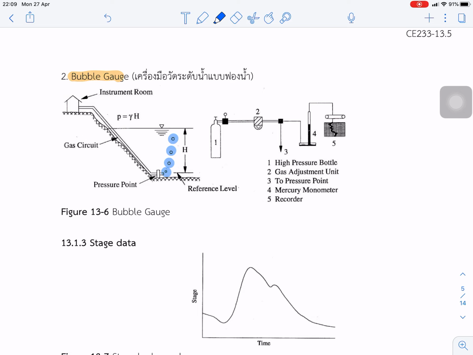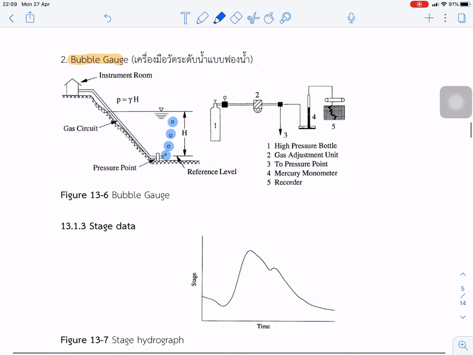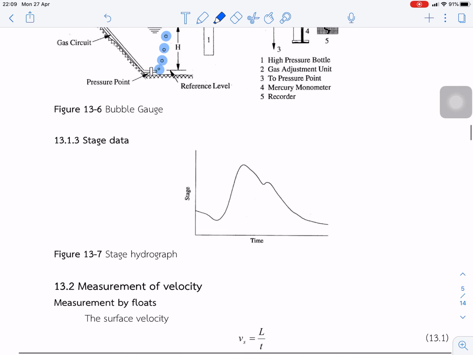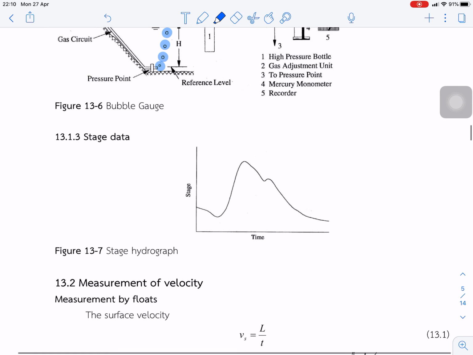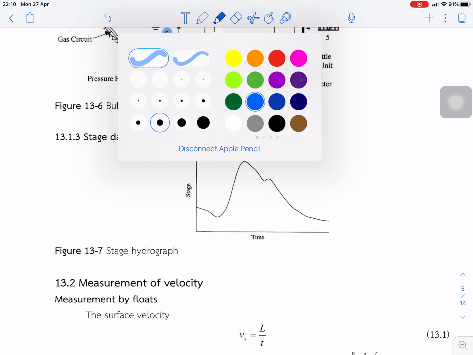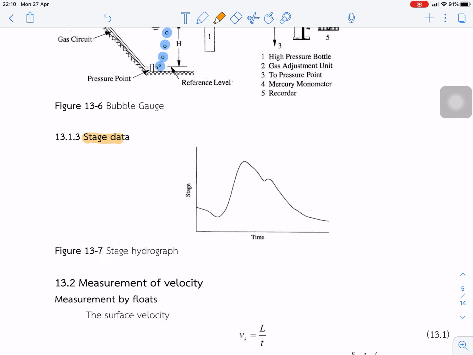This is the state hydrograph of the results we have, showing the time and the state in terms of elevation of the water level.